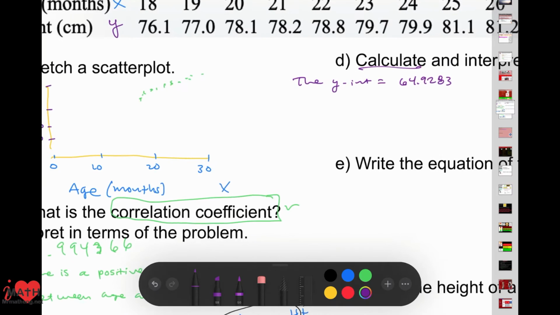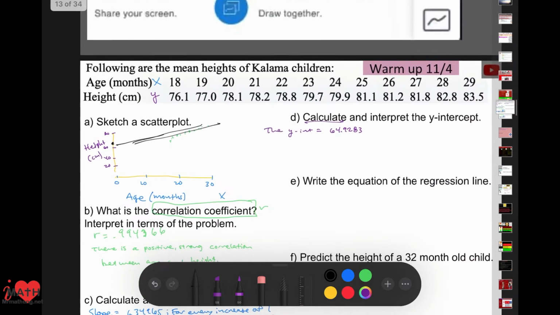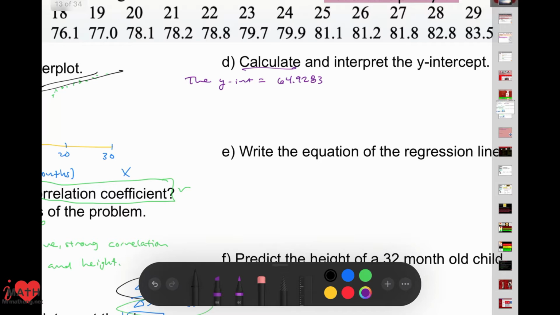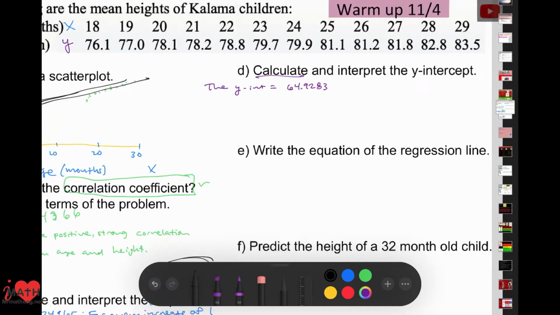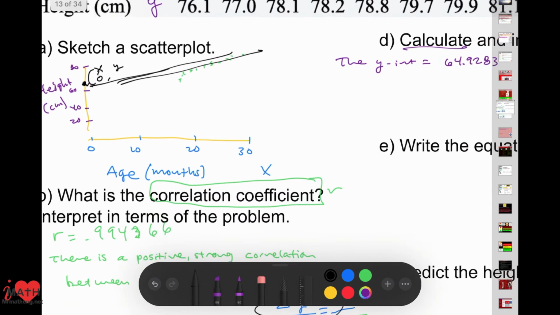Remember, the y-intercept is in your linear regression line, and my line is bad because it's actually telling us that it's 64, which is like something way back here. So they're saying that's the best line to put it through. And sorry, the main idea I wanted to point out is that you have an x value of 0, and then the y coordinate is 64.9.